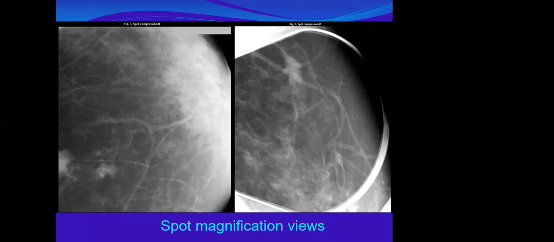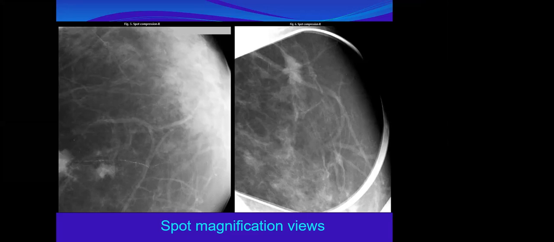So the presence of multicentric disease will make the conservative, the wide local excision, the non-mastectomy treatment not an option.